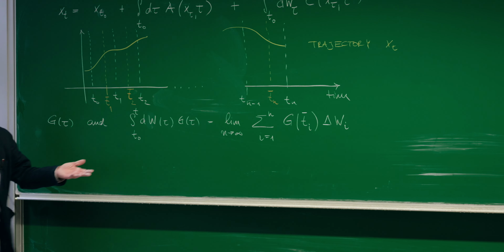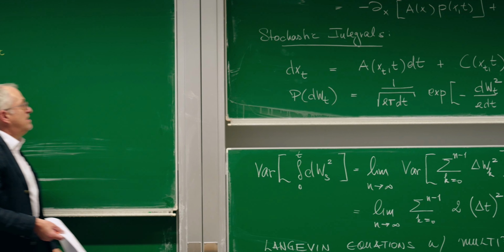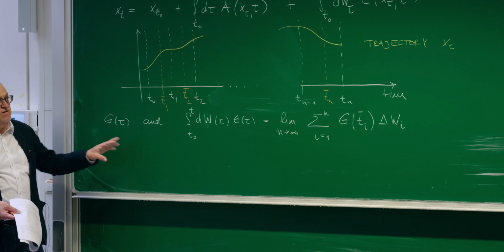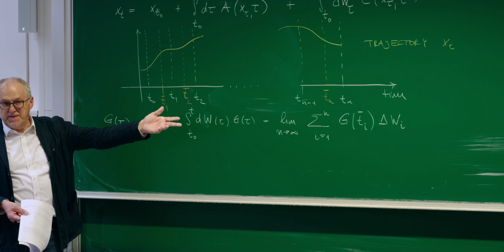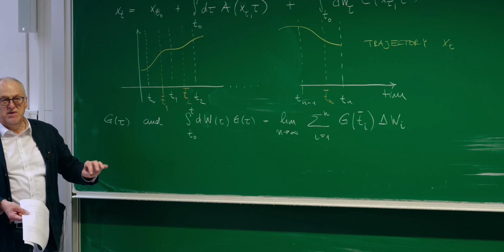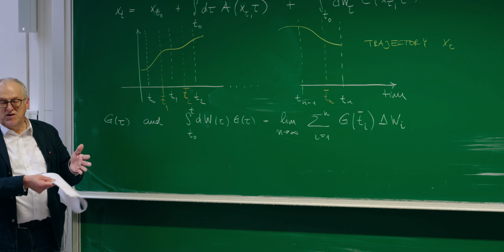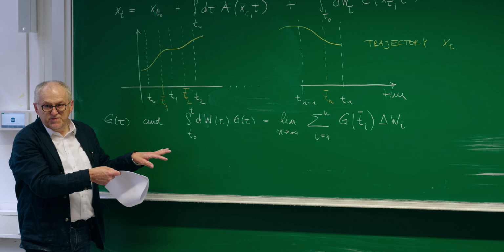Just take it as a definition now, right? I'm saying this is a definition of my Langevin dynamics, and this is the definition of the corresponding stochastic integral that you get by solving this stochastic differential equation. Whether that is related to a concrete physics problem or biology problem or finance problem depends on reality, so you have to match whatever the reality of the process is to the math that you have here.